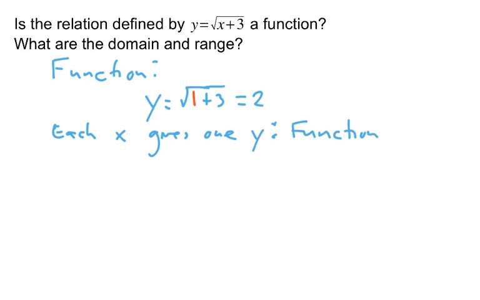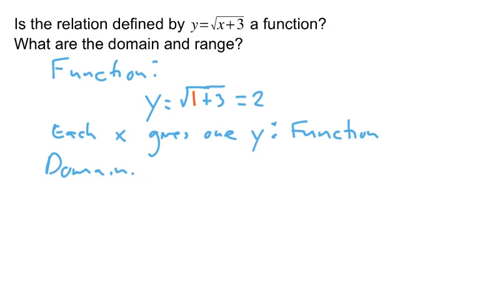What are the domain and the range? Domain, first of all. In the domain, you're thinking about what real numbers can you plug in for x that would give me real number values for y. And one of the things that I mentioned is that we want to avoid taking the square root of a negative number. Look at this.